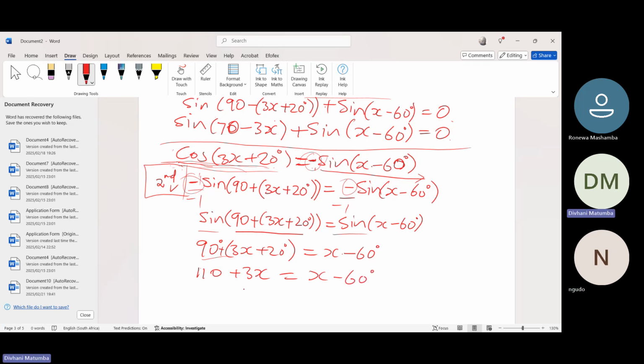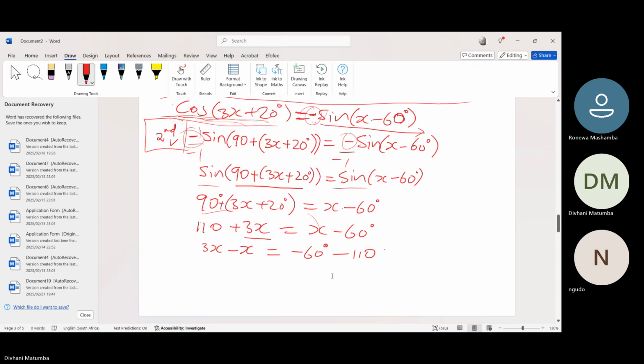Okay, you have 3x. If you take x to the other side, you will have 3x minus x is equal to minus 60 degrees minus 110.